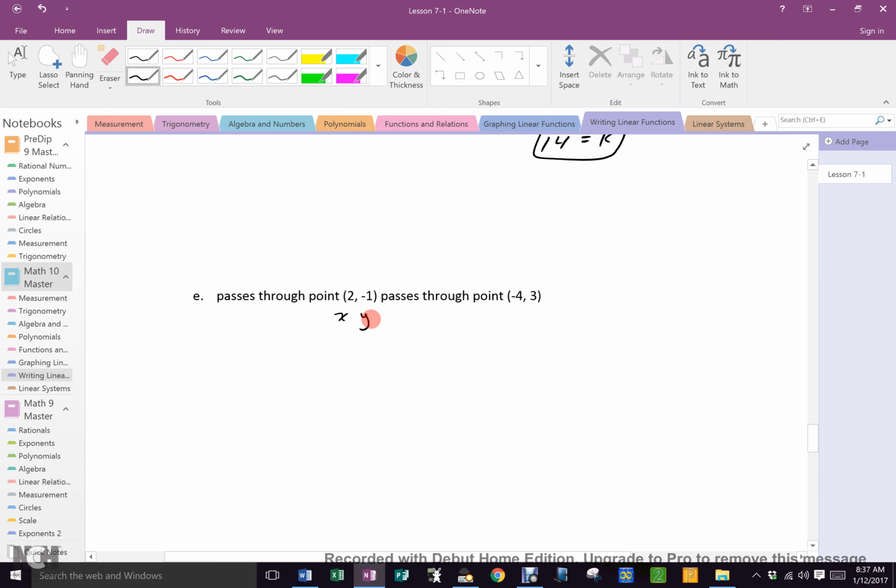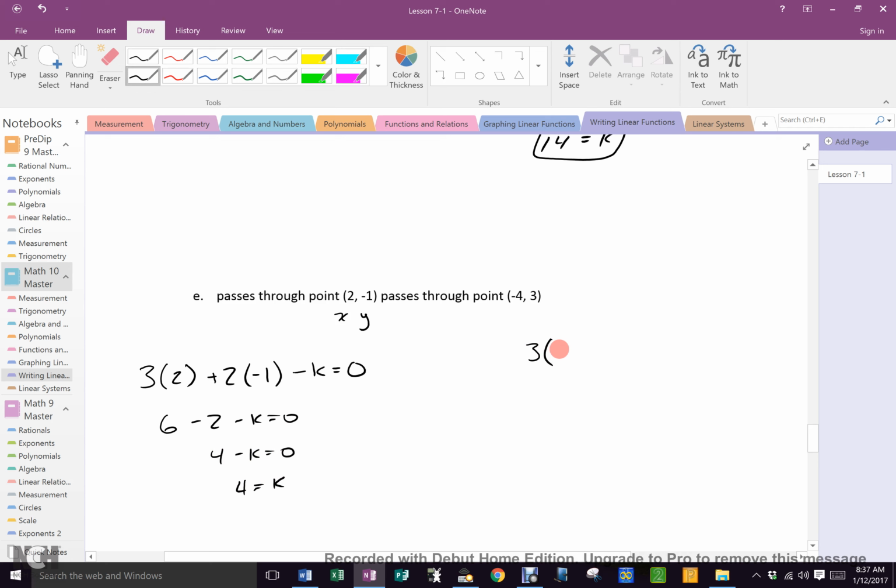No, but one of them's not going to disappear, is it? I'm going to have 3 times 2 plus 2 times negative 1 minus k equals what? 0. And then I do the math. 6 minus 2 minus k equals 0. 4 minus k equals 0. 4 equals k. Cool?